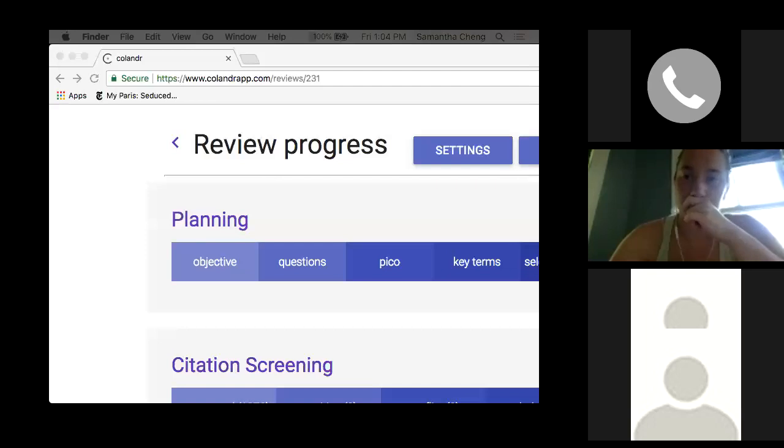The example she gave was a question and then identifying PICO within it: what is the effect of neonicotinoid pesticides on pollinator performance?